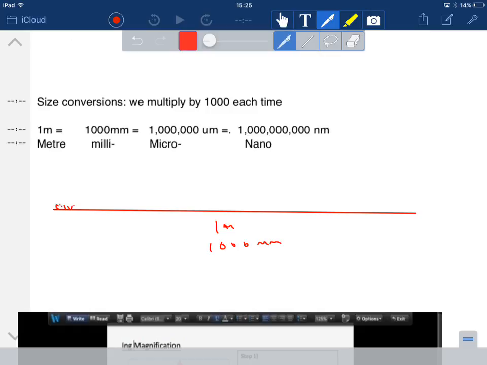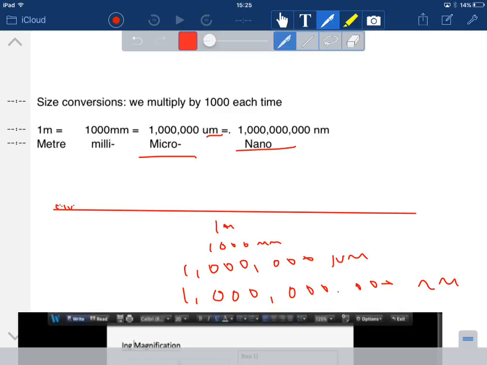If we were to divide this meter rule into a million, we would have micrometers, and we write that like a um. If we were to divide this into a billion, which is 9 noughts, we would have nanometers. All that these are is a way of going smaller and smaller and smaller.